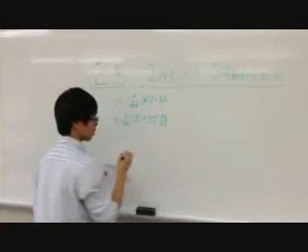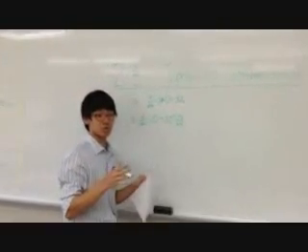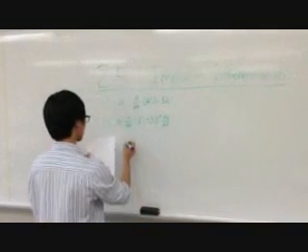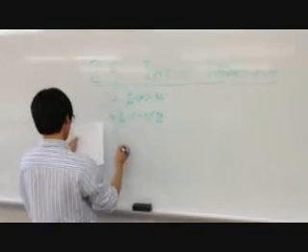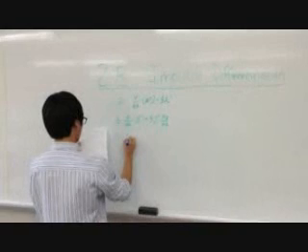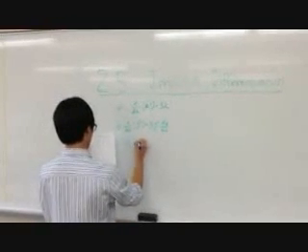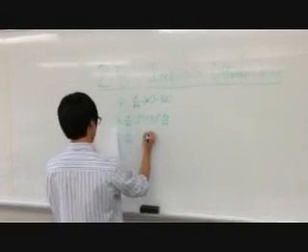So we can do this for product rule or quotient rule. For this one, we have d dx of x squared y cubed.